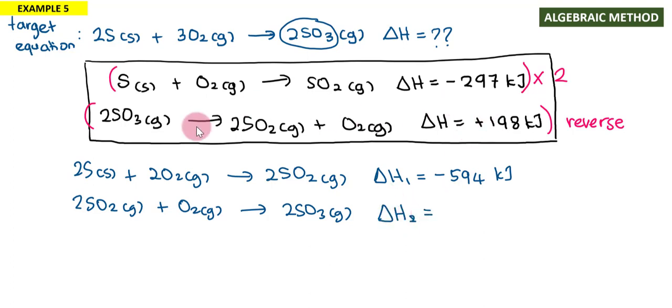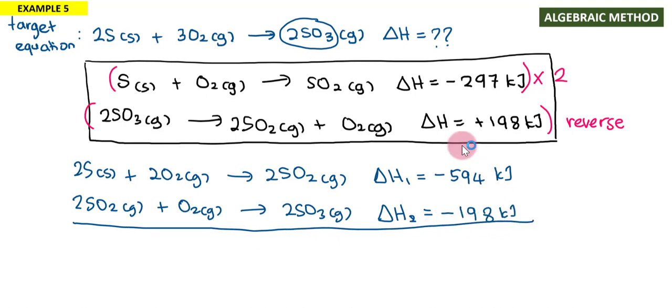Since 2 moles of sulfur trioxide producing sulfur dioxide and oxygen is an endothermic reaction, once I reverse the reaction it should be exothermic with a negative sign, so negative 198 kilojoules. Since I already used up these two pieces of information, what is left to do is add up these two equations together.